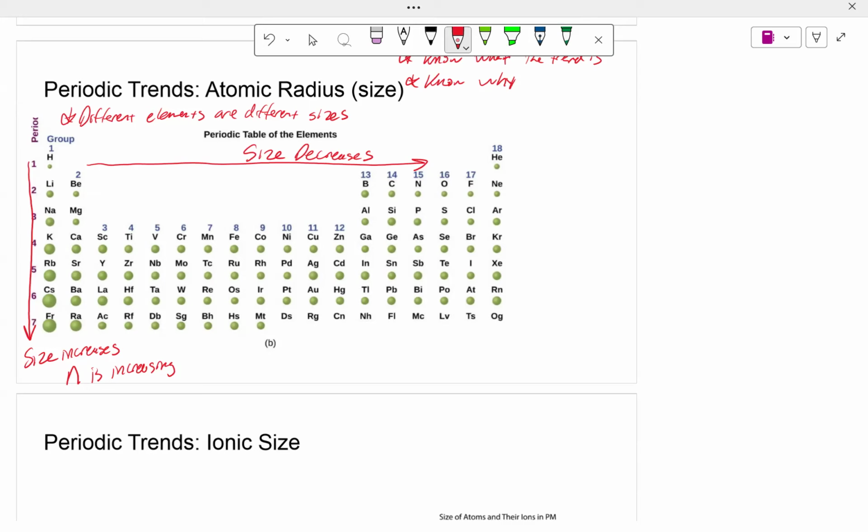Now that doesn't explain why, as you go across a row from left to right, size goes down, because they're all on the same floor. So why would the size go down?